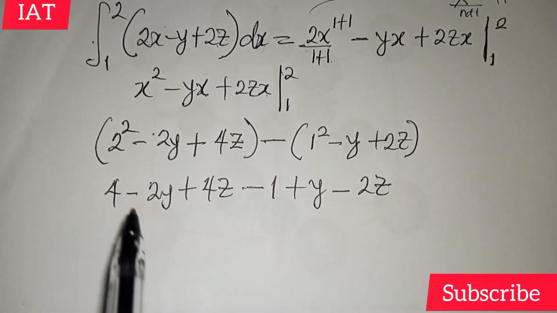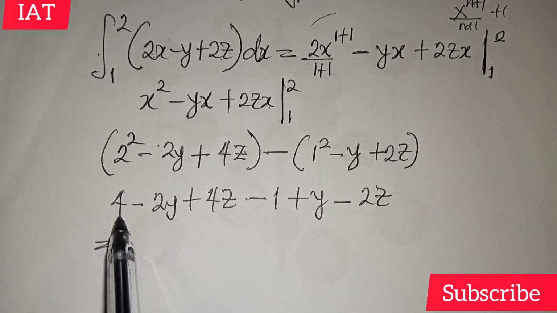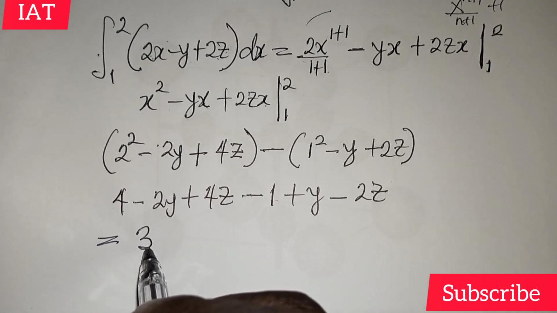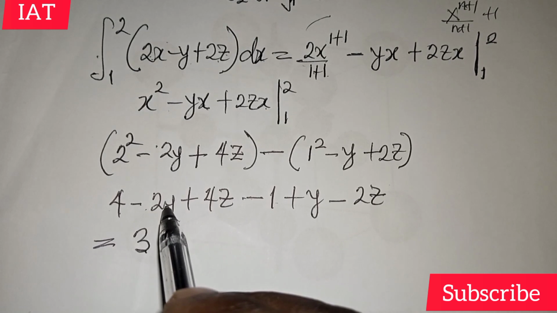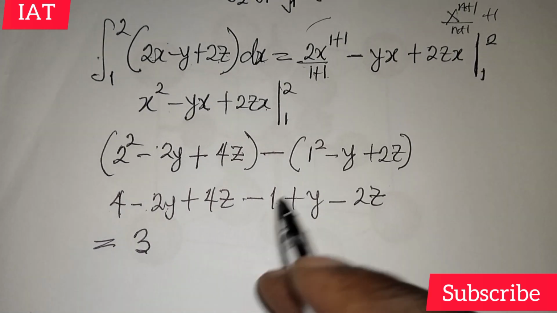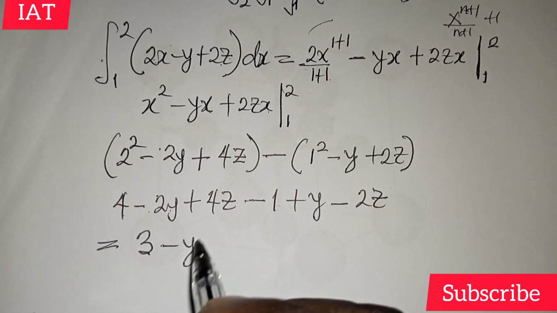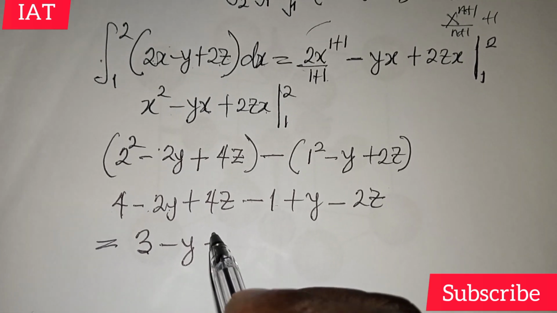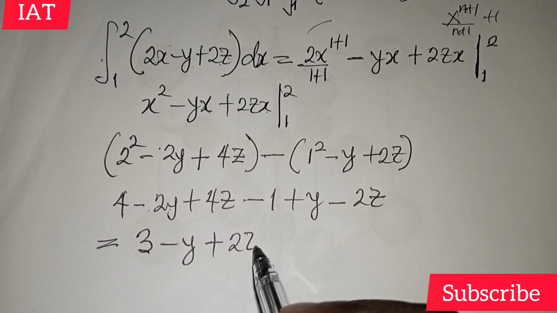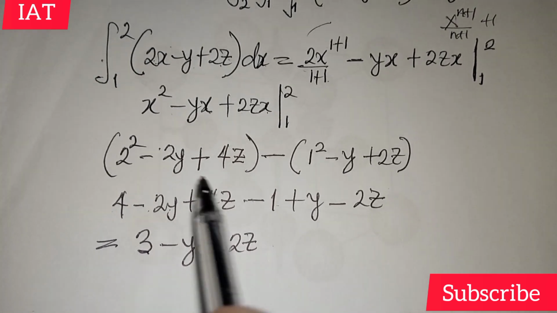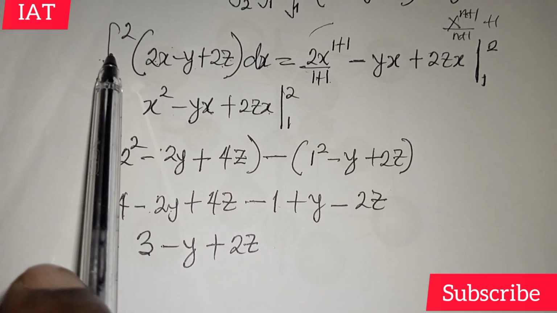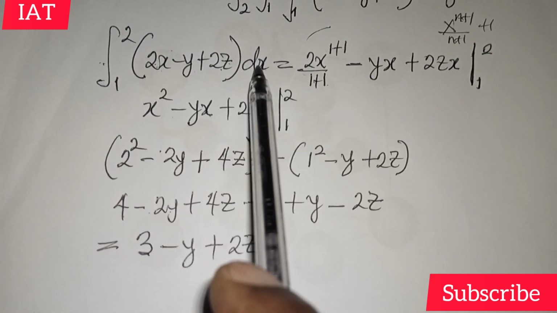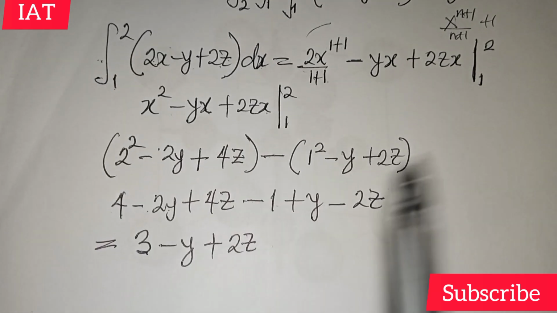So the final point of this will be 4 minus 1, collecting like terms, that will be 3, and then minus 2y plus y, that will give minus y. And then the last one is 4z minus 2z. It will give us plus 2z. So this is the solution for the integral of 2x minus y plus 2z dx from 1 to 2.